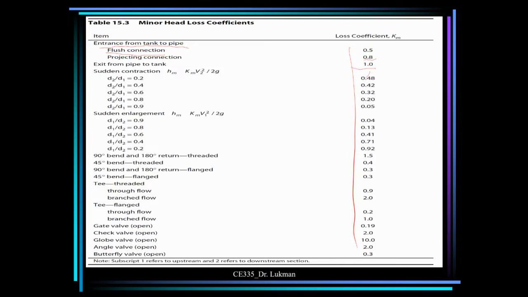And then we use a globe valve, coefficient is 10. And then we use a 90-degree bend, flange, return flange, 90-degree bend, which is I think 0.3.